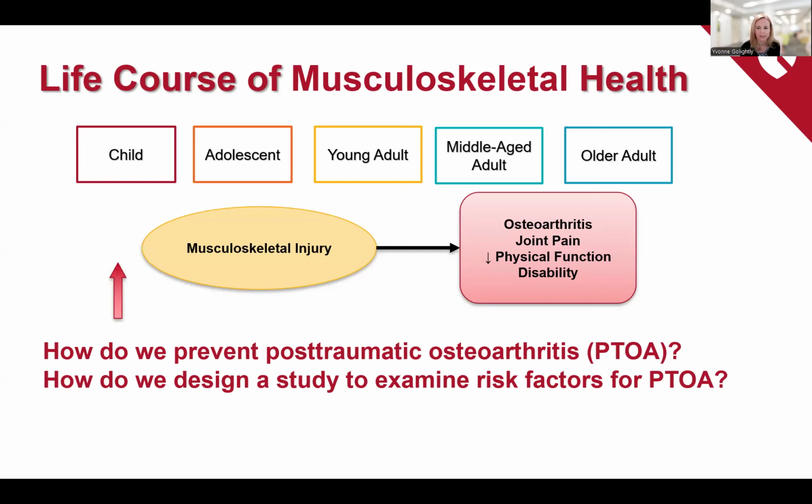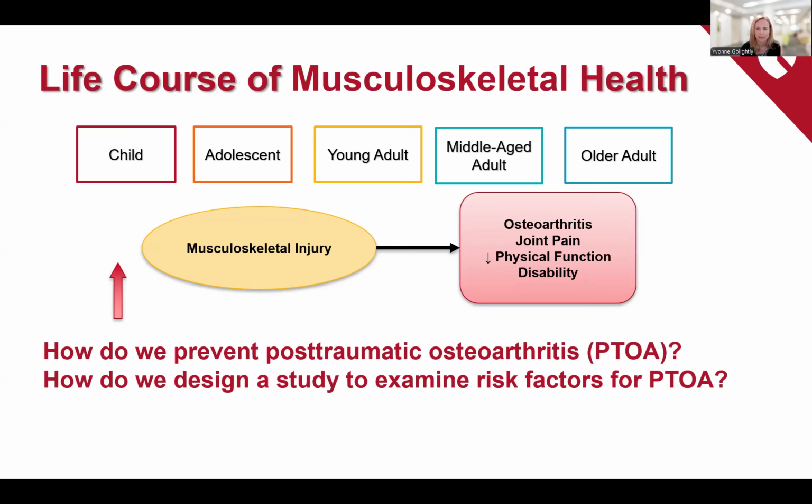We can prevent the injury from ever happening. We can lessen its severity at the time it occurs, or we can manage the injury afterwards to mitigate that risk for OA. And there's significant interest in that first arrow on the left, preventing that injury from the get-go.